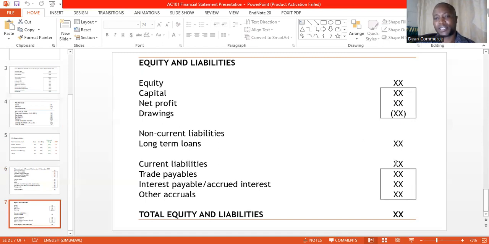So we add these and then we put them there. What we are now going to do is add this figure and that figure to give us our equity. Eventually, this figure, total equity and liabilities, should be equal to our assets. And this is based on our accounting equation, which says assets equals capital plus liabilities.